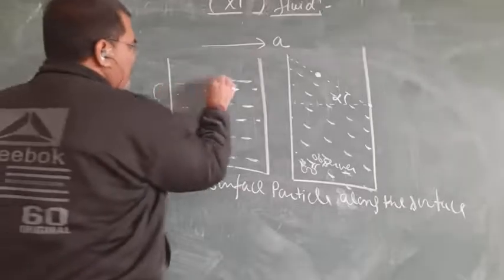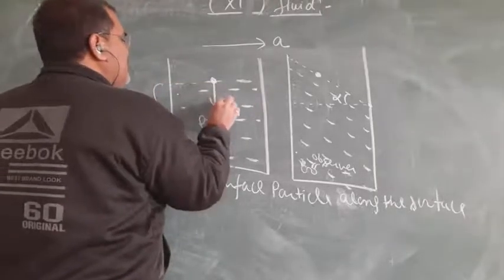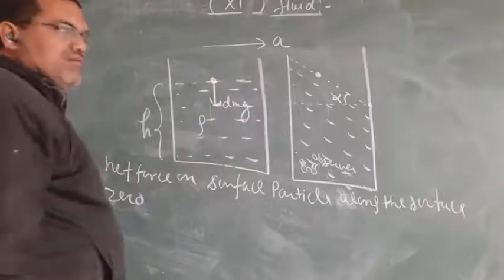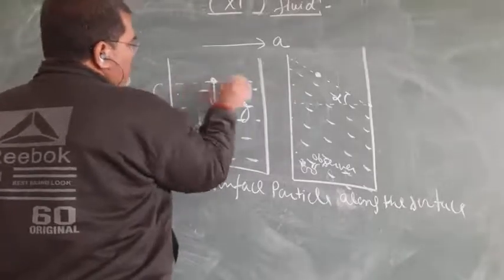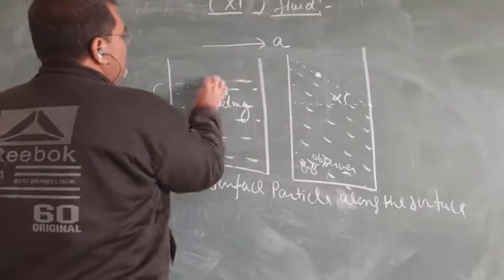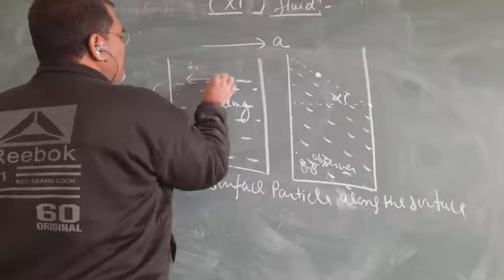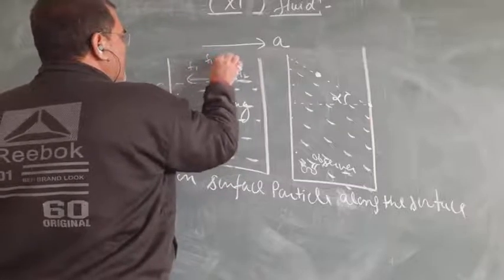Consider this particle, a force dm g acts on it. But along the surface the net force will be 0. Suppose a force F1 acts here and F2 here, so F1 must be equal to F2.